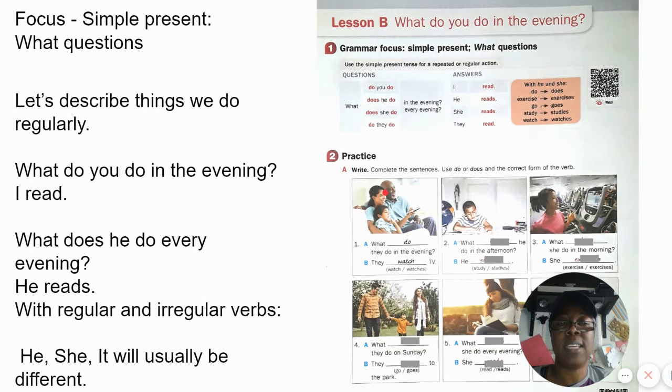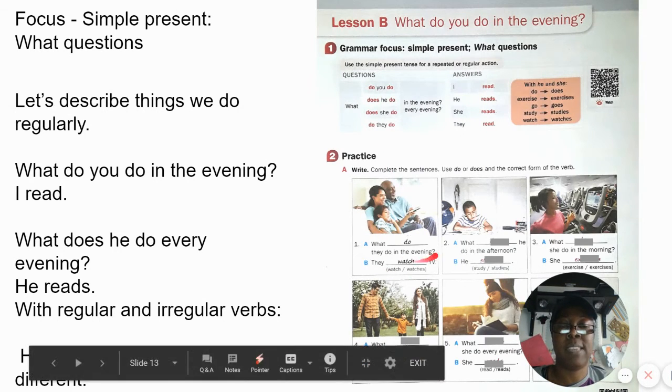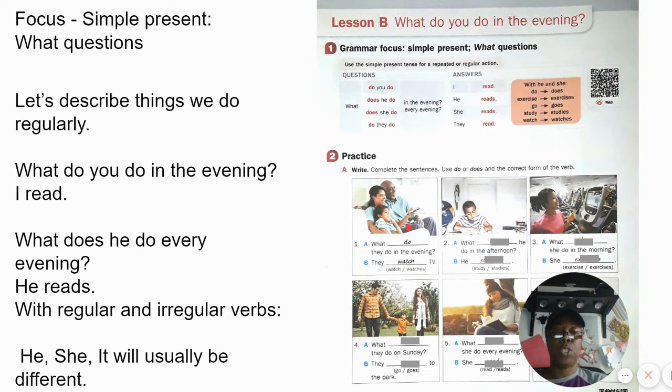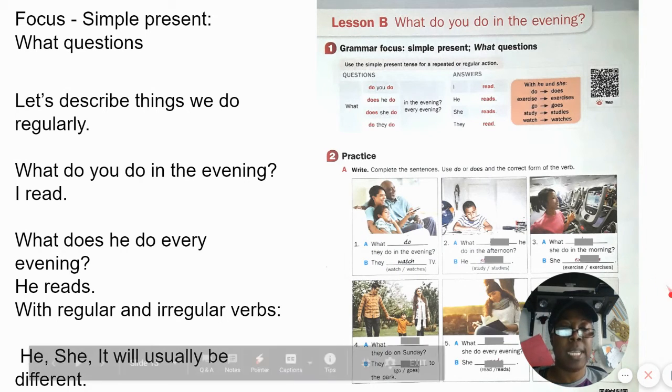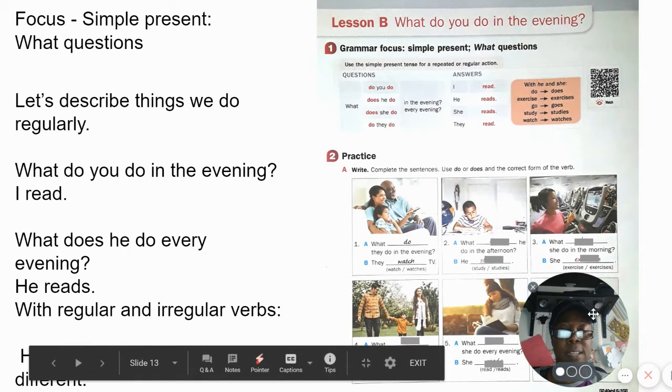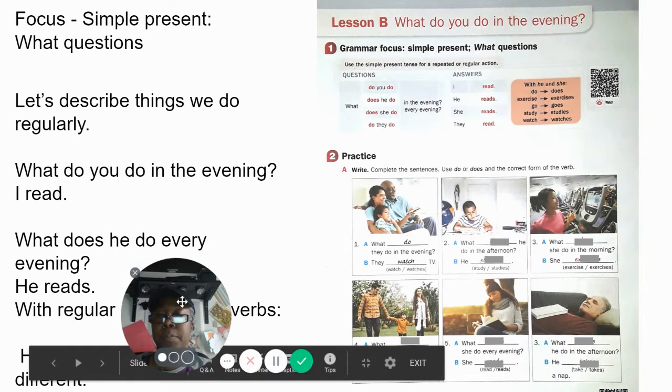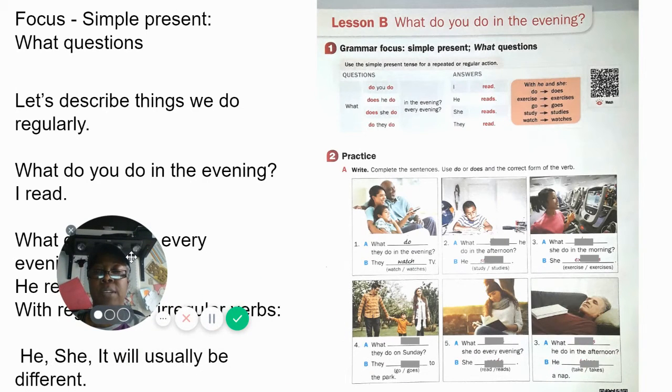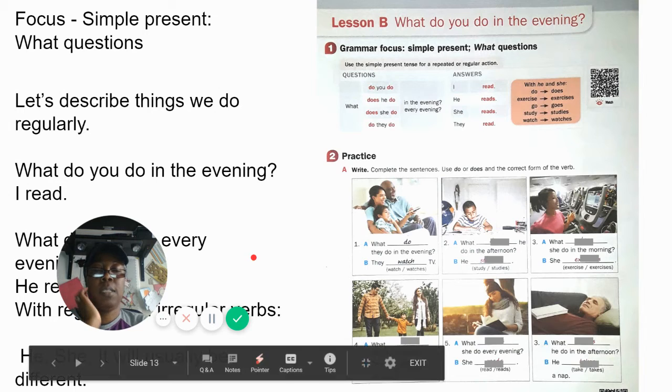So when we look at these examples down here, hopefully you've already completed these.